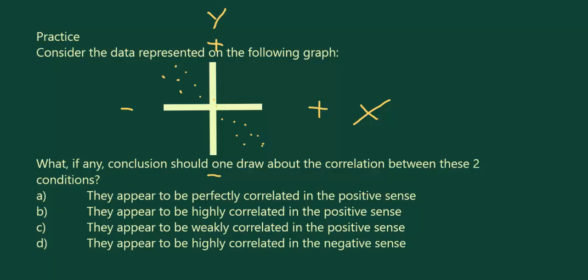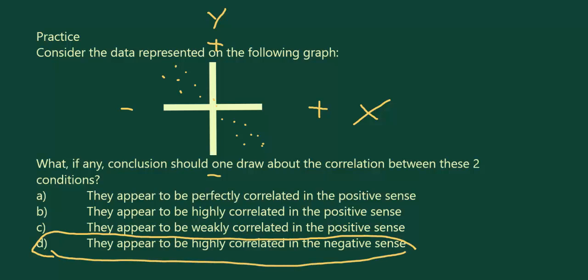And if so, is it highly, weakly, or perfect? So the answer in this case is D. Our correlates are correlated highly in the negative sense.